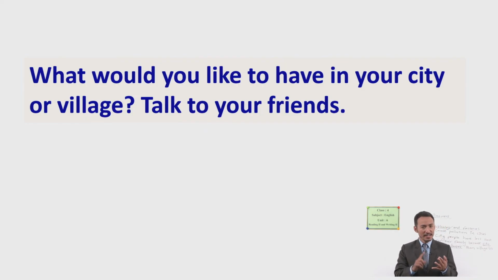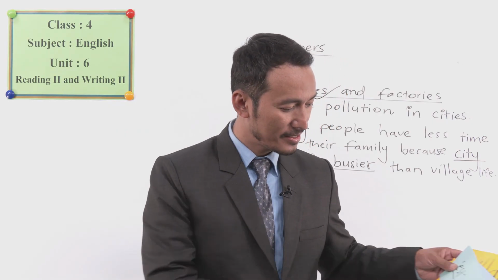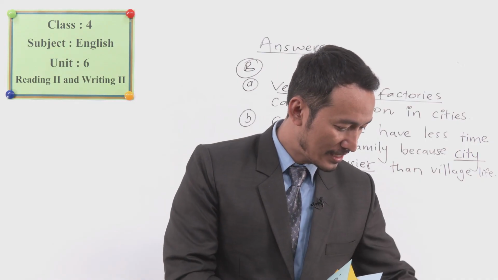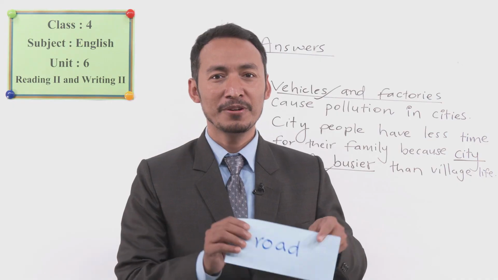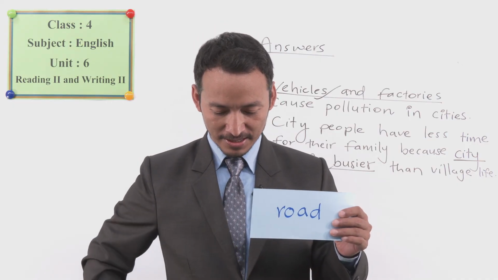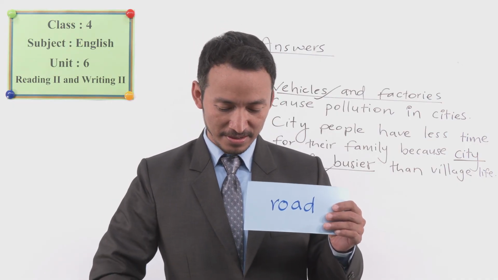If you are in a village, then what do you want? If you are in a city, then what do you want to have there? As we have already said, you can also guess things like road, and what else do you want to have?